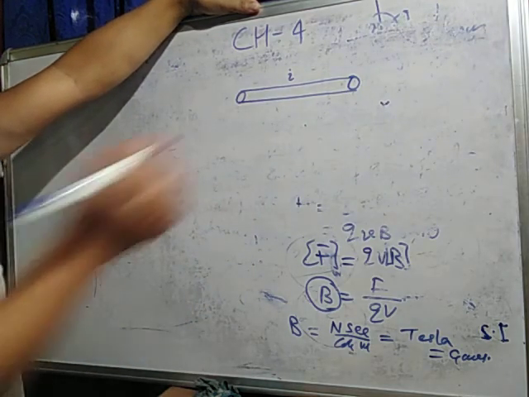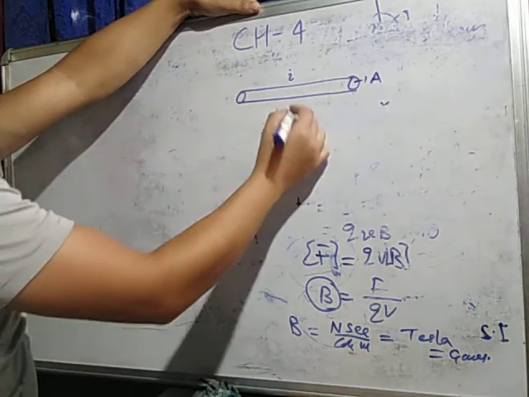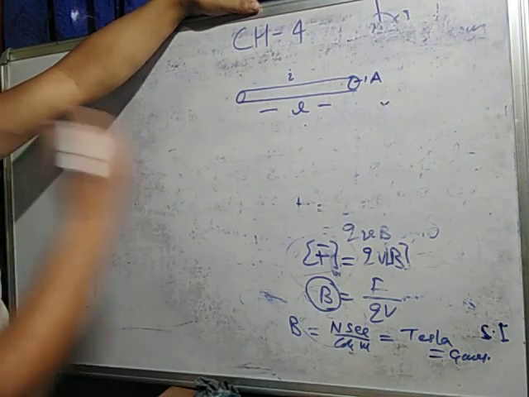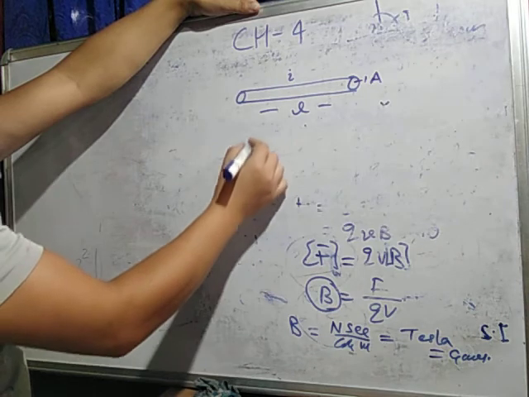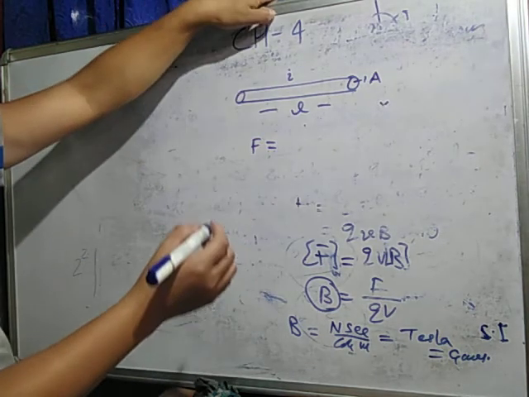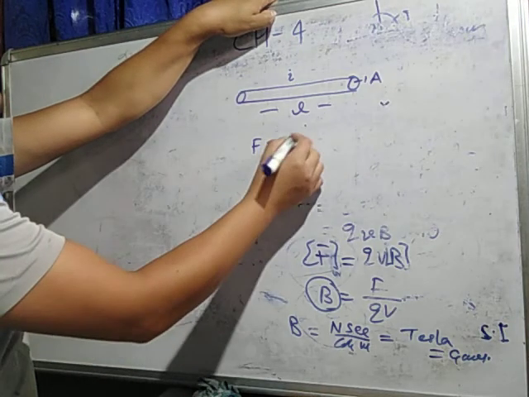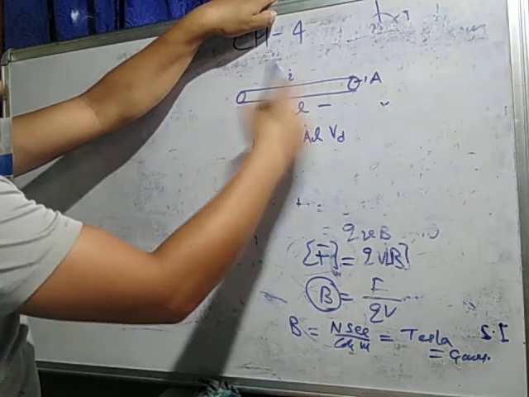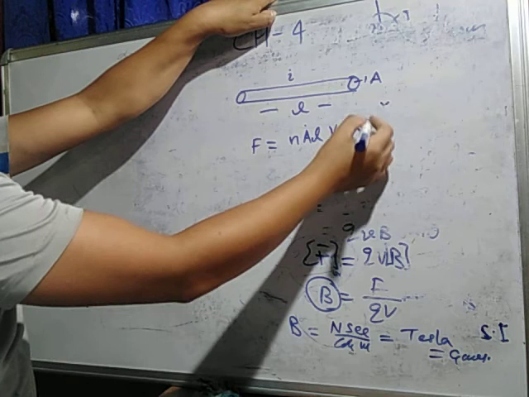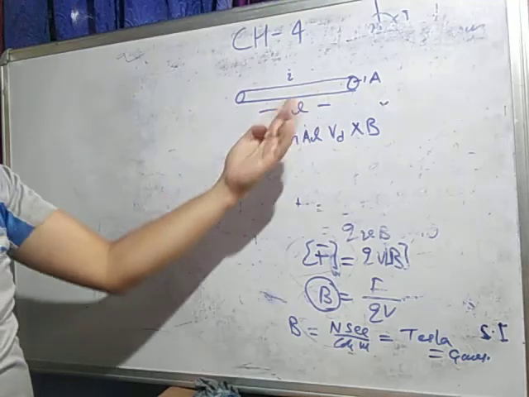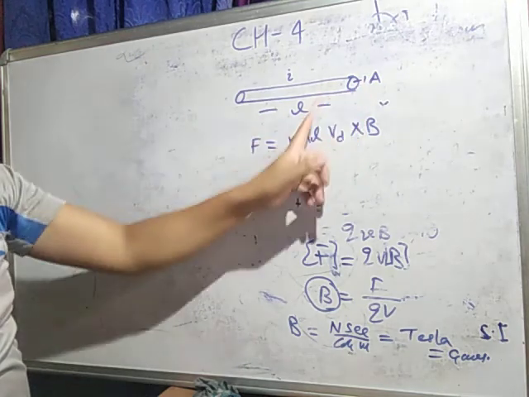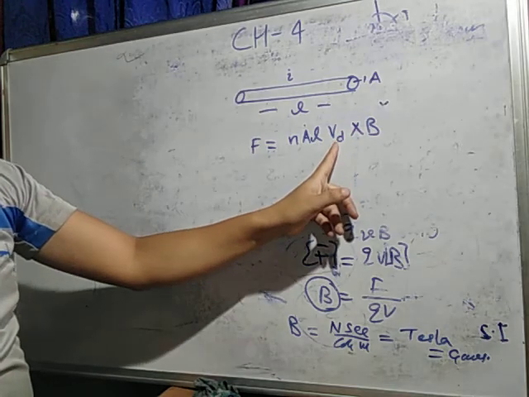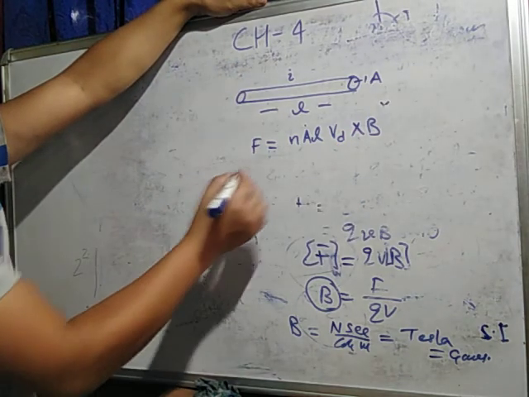If I say this is the area A and the length is L, then the number of charge carriers... F equals Q v into B. Q is the charge, N A L, and the velocity is the drift velocity, into B. Drift velocity we did in the previous chapter: cross section area, length, number of charge carriers N A L, and velocity vd, the drift velocity.